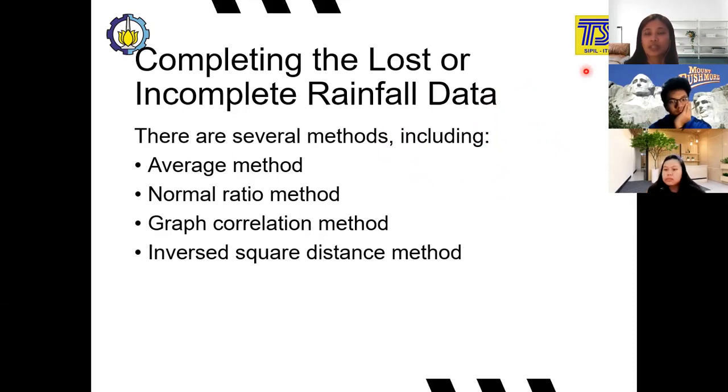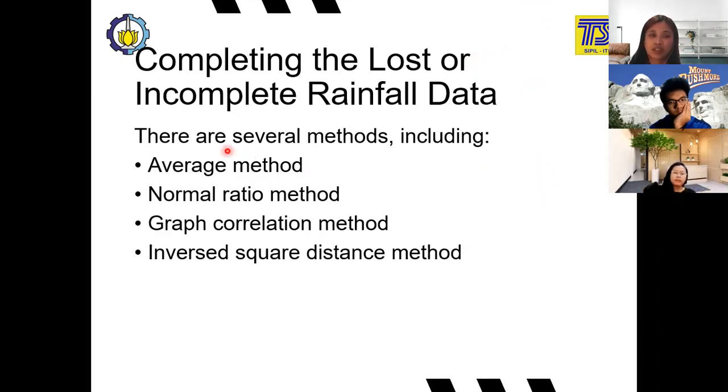And now, before the calculation begins, we have to have the complete data of the rainfall. What happens if we have rainfall data which is incomplete, or there is a loss of rainfall data? To complete them, there are several methods.